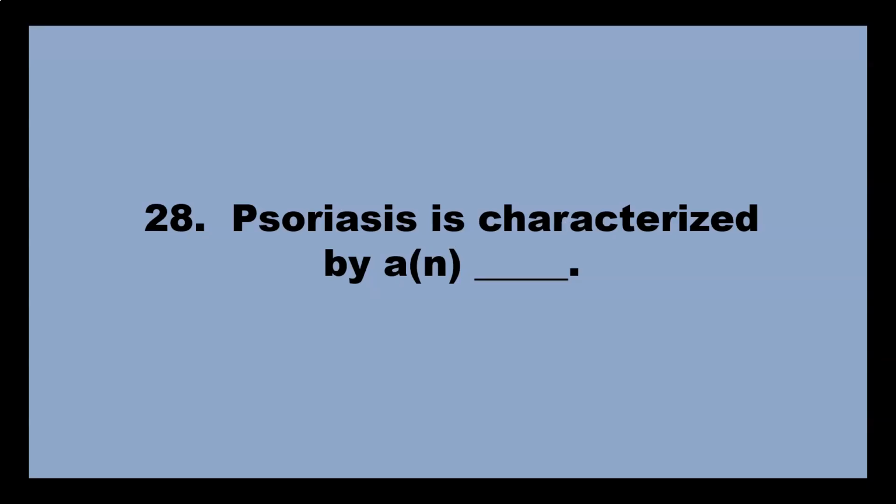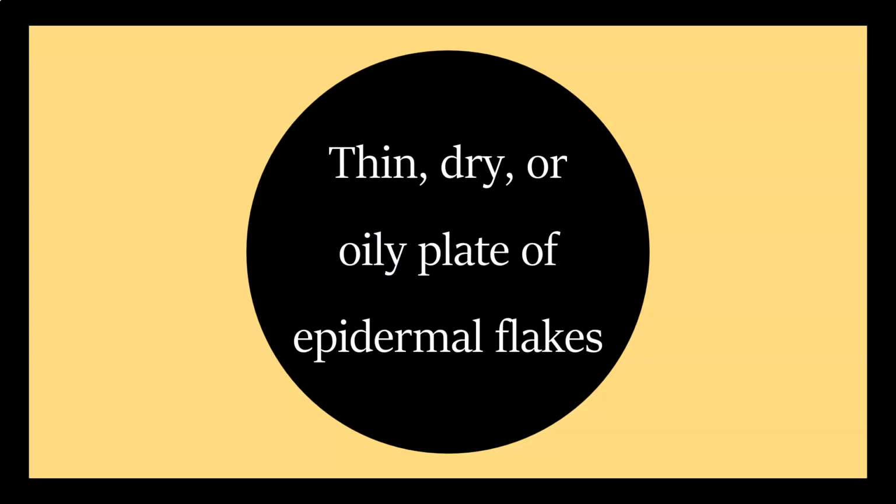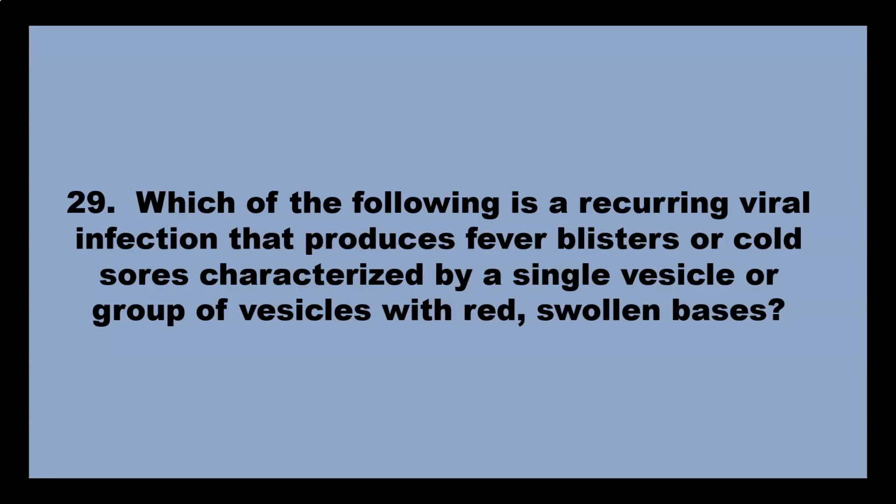Psoriasis is characterized by a... Which of the following is a recurring viral infection that produces fever blisters or cold sores characterized by a single vesicle or group of vesicles with red, swollen bases?